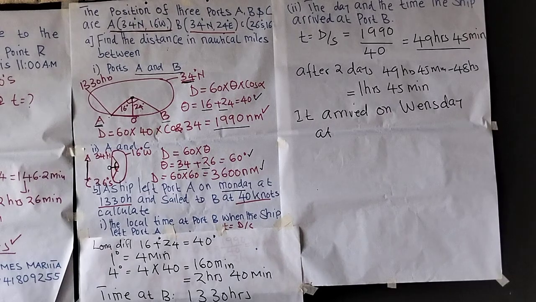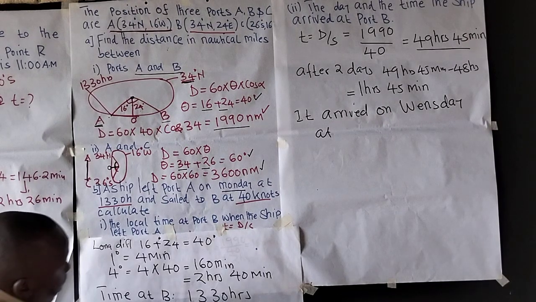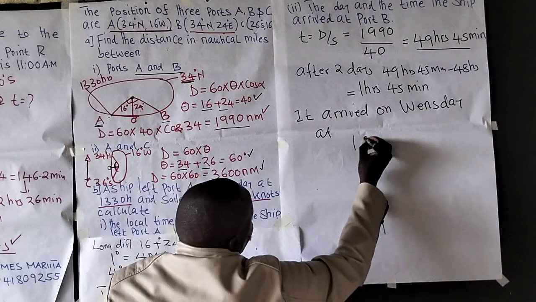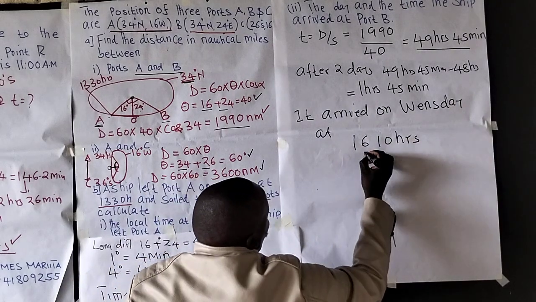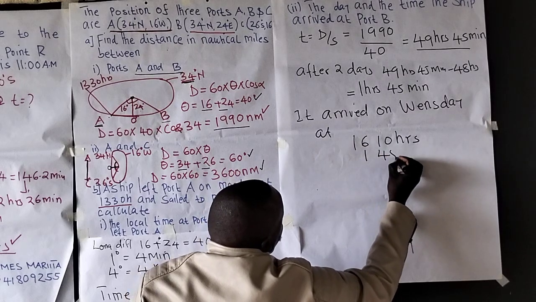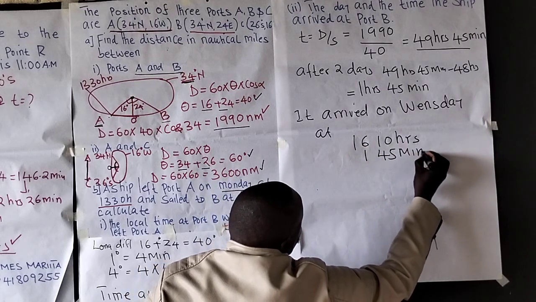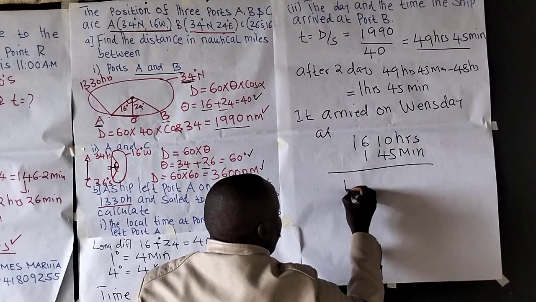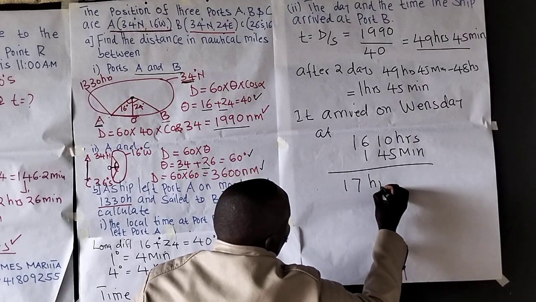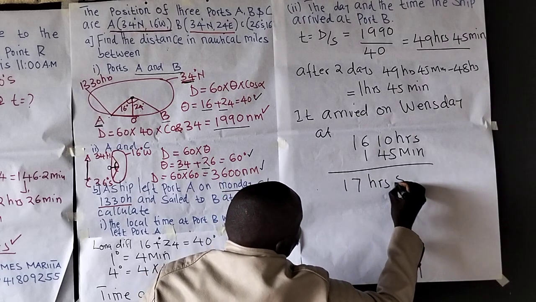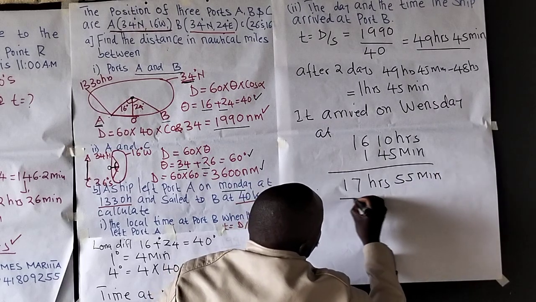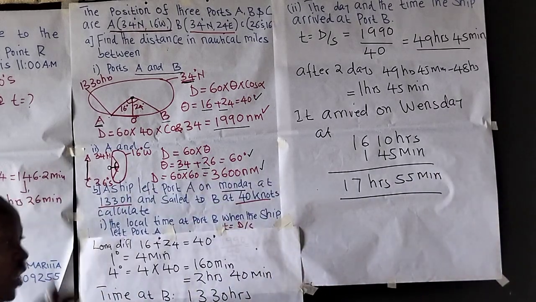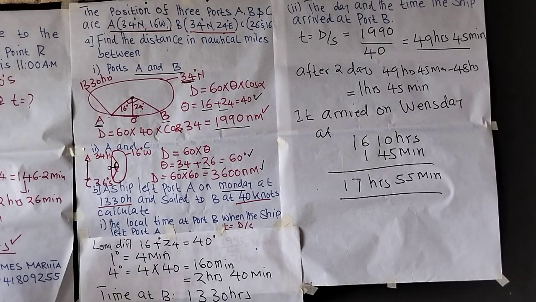At what time does it arrive? It is 16:10 hours plus 1 hour 45 minutes, so it arrived on Wednesday at 17:55 hours.